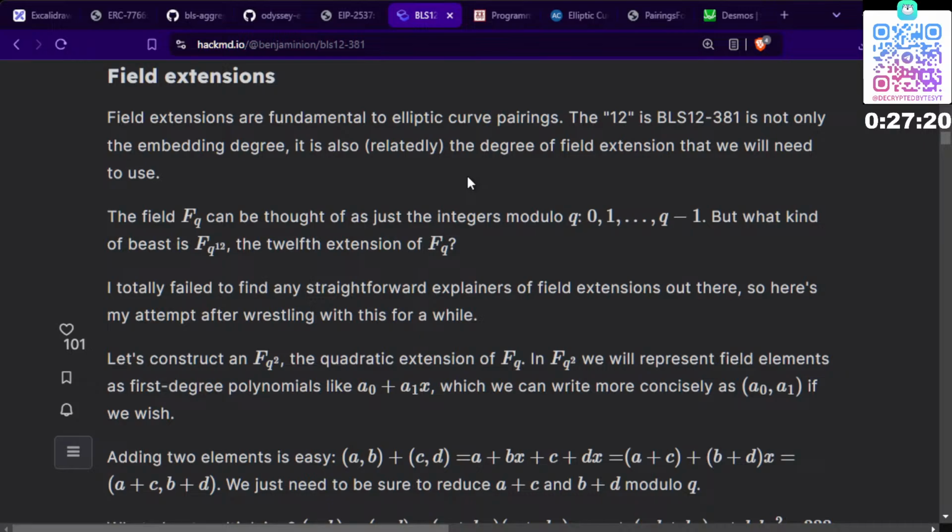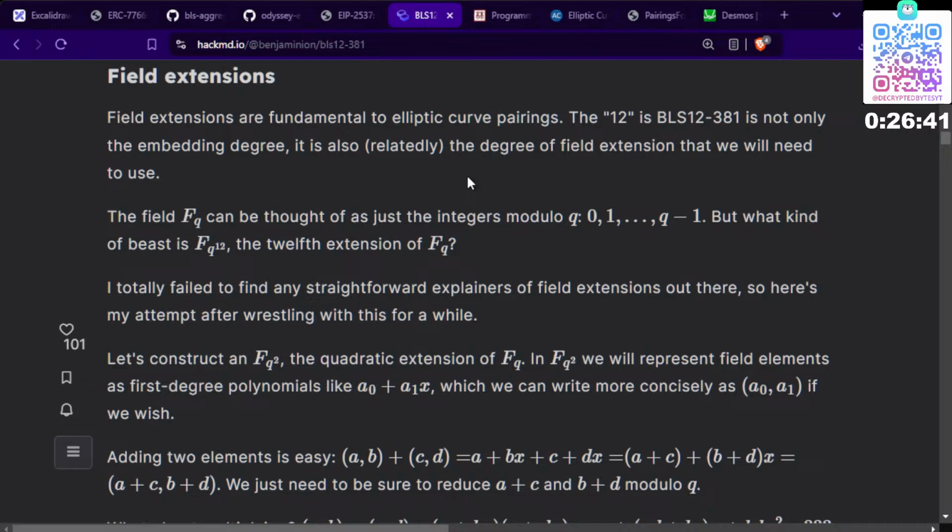The field Fq can be thought of as just the integers modulo q: 0, 1, up to q minus 1. But what kind of beast is Fq^12, the 12th extension of Fq?